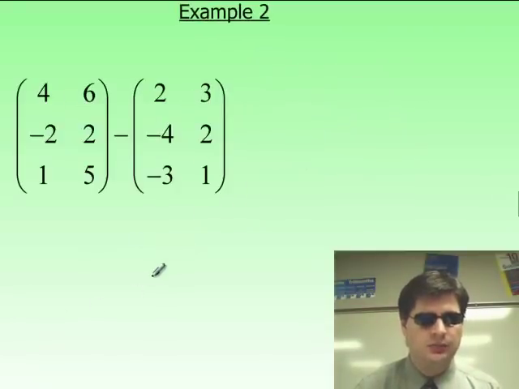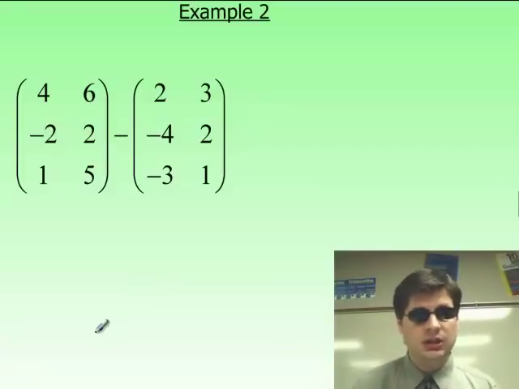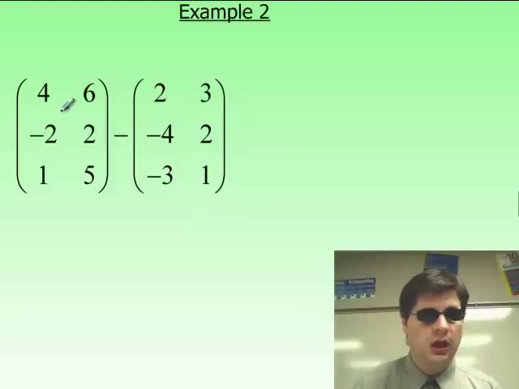Now, for subtraction, you want to be a little bit more careful because we are dealing with sign changes. So this is a 3 by 2 matrix, and this is a 3 by 2 matrix. The first thing I want to do is change this to addition, and I'm going to go in and change all these signs so that it makes it a lot easier to keep track of everything.